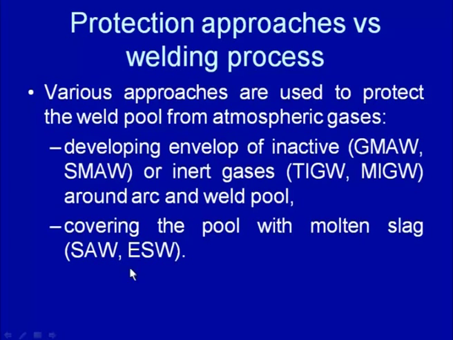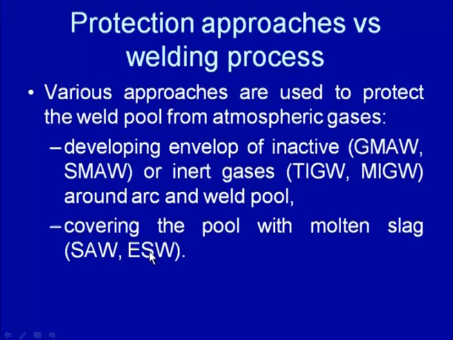Similarly, in electroslag welding, first a huge pool or mound of flux is made, and then the arc is ignited. That arc melts the flux, and when a lot of the flux is brought to the molten state, the supply of current causes electrical resistance heating, and the heat generated causes the melting of the faying surfaces.